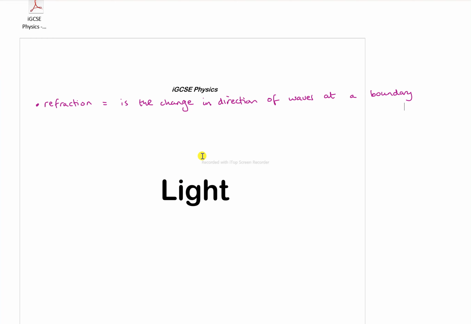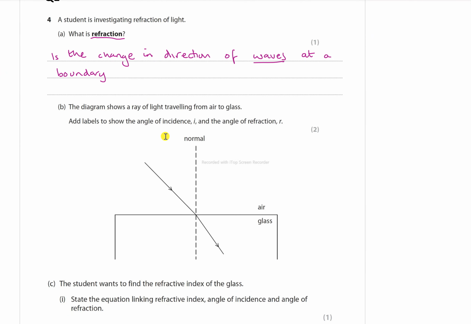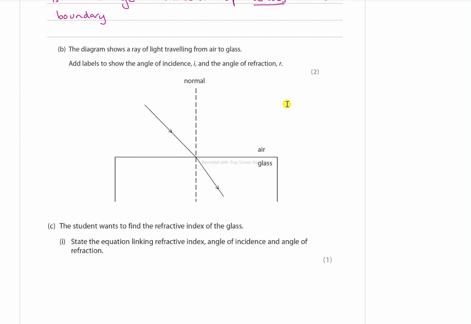Let's carry on. The diagram shows a ray of light traveling from air to glass. Add labels to show the angle of incidence and the angle of refraction. Okay, so first of all, this line that is perpendicular, at right angles to the boundary, is called the normal.